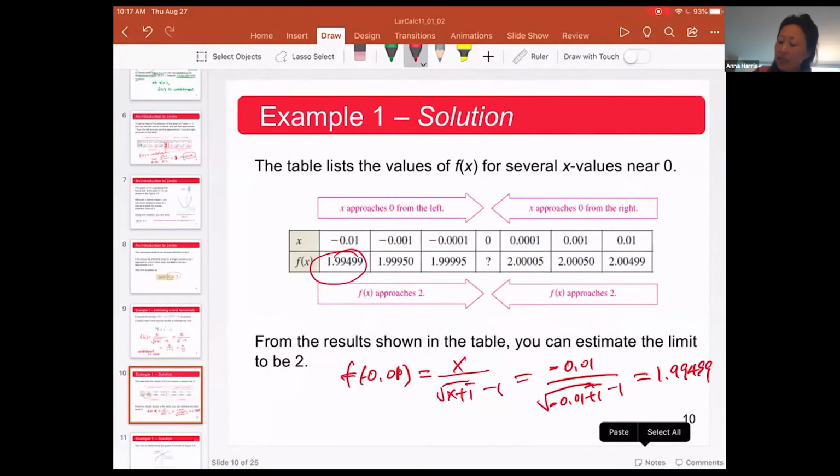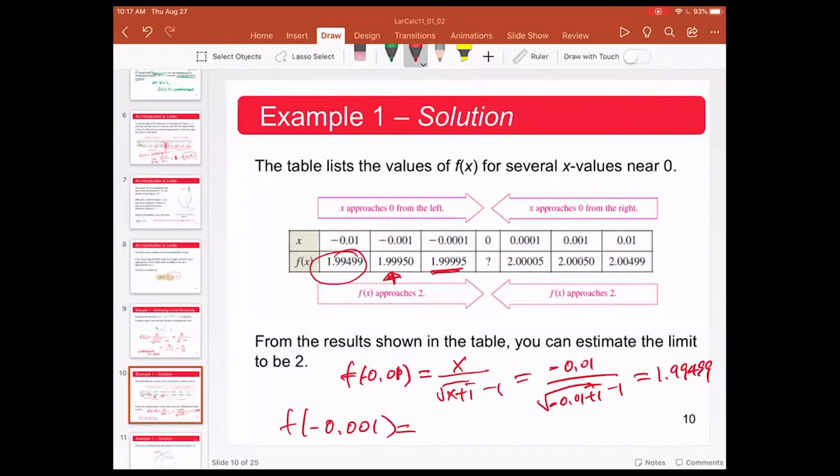So what does this mean, class? The second column, what does that mean? Somebody tell me what that means. What does this mean? If I plug in f of negative 0.001, what number did you get? You're going to get 1.9995.